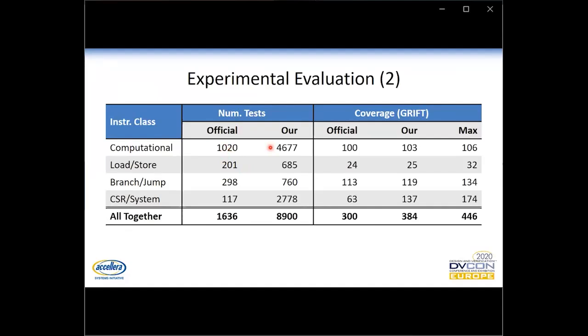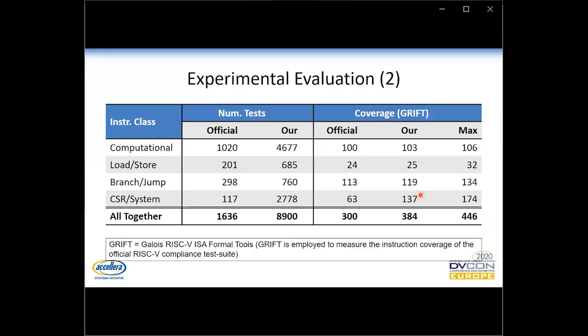Our automatic generation approach always generates more tests, and as already reported, we have overall nearly 9,000 tests. Now here on the right side, you get some information on the quality of this test suite. For coverage measurement, GRIFT is used, which is the Galois RISC-V ISA Formal Tools. This GRIFT is employed to measure the instruction coverage of the official compliance test suite, and there you get absolute numbers.